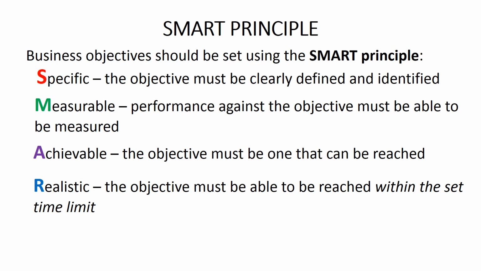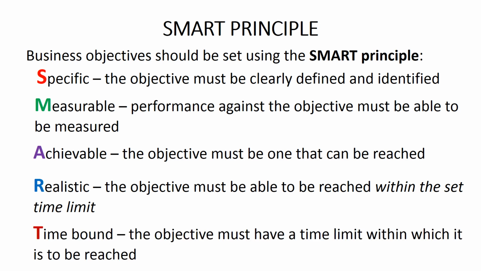This then brings us to the 5th characteristic under the SMART principle, which is T. This stands for time-bound or timely. And this means that the objective must have a time limit within which it is to be reached. So there's the meaning of the T characteristic to include in the 3rd column of your table.